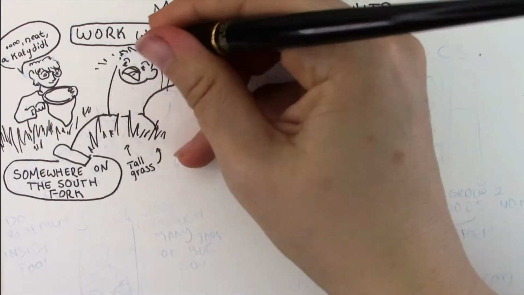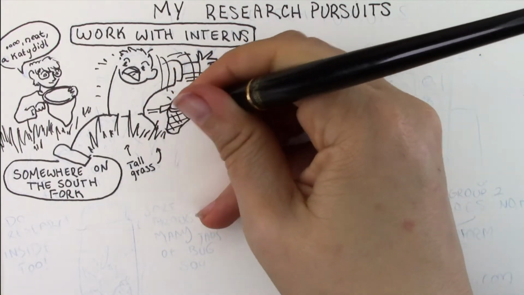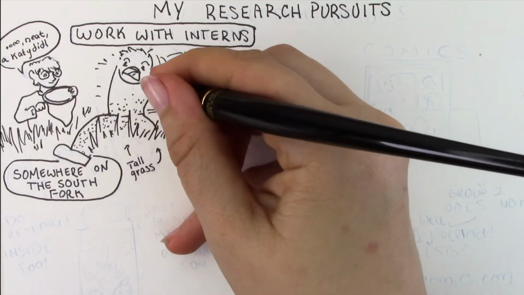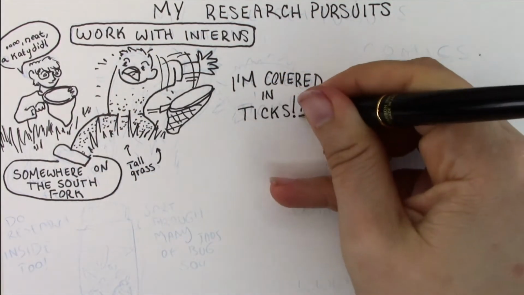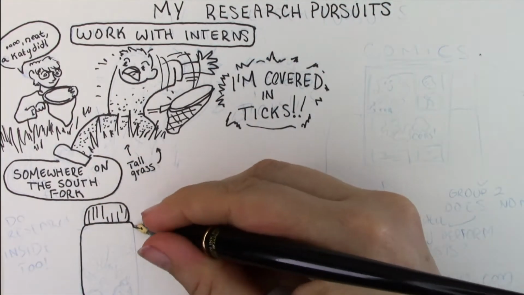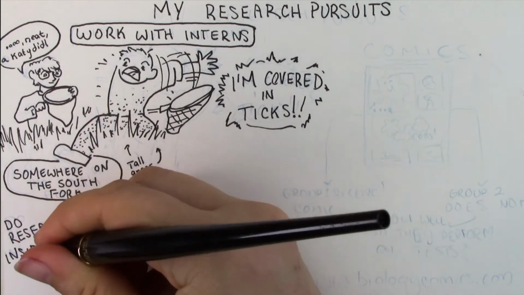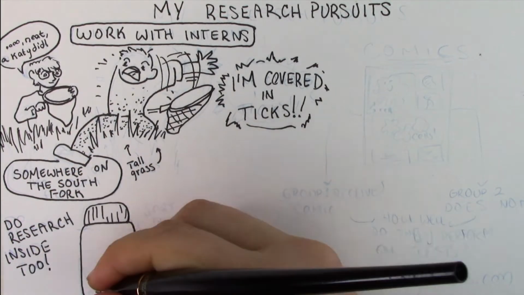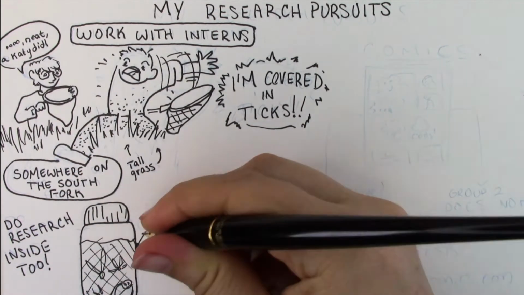Still, if you don't want to do research outside, I actually have plenty of opportunities for you to do research inside the lab. One of the things we do during the summer is we collect thousands and thousands of insects that we colloquially call bug soup that you can look through and form your own projects.